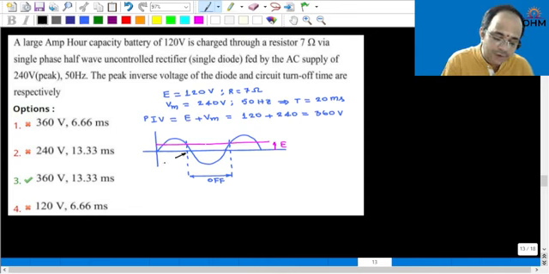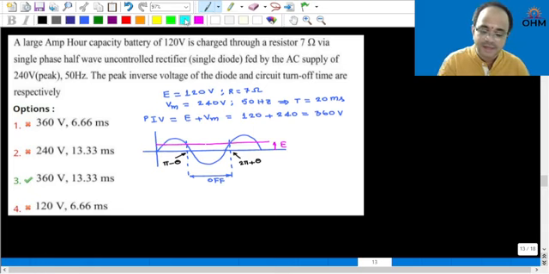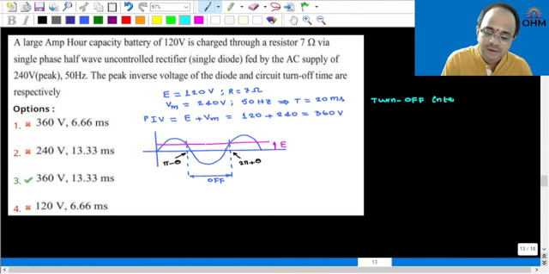Now this point will be pi minus theta and this point will be 2 pi plus theta. In simple words, we can say that the turn off interval of a circuit will be pi plus 2 theta.